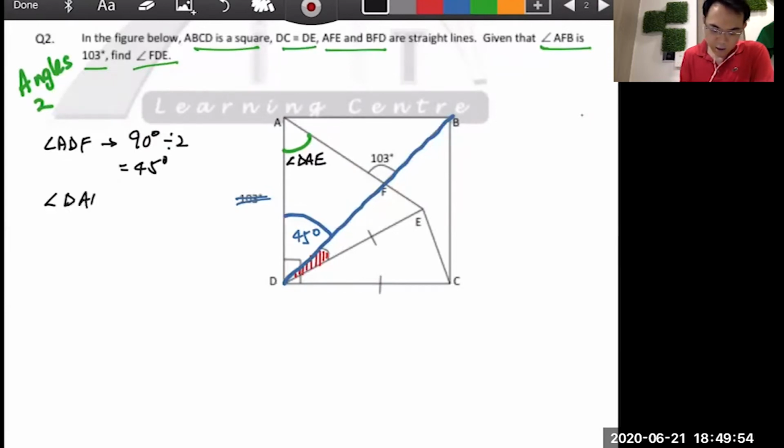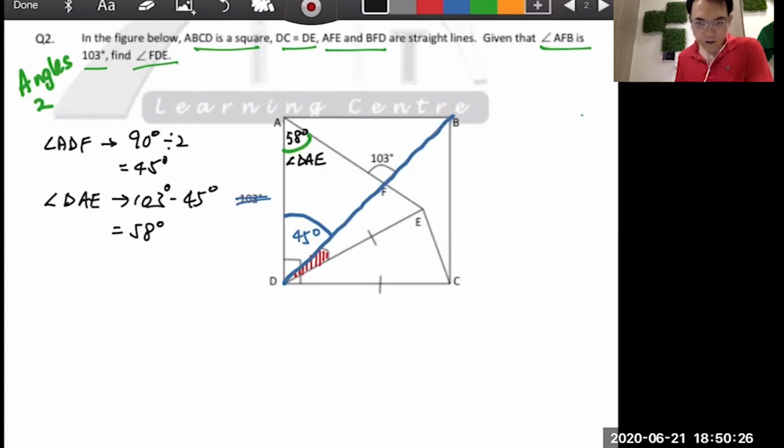And angle DAE is found by taking, sorry, my mistake, 103, which is the exterior angle, the one outside the triangle, minus 45, which is the angle inside the triangle, and 103 minus 45 will give me 58 degrees. So 58 degrees is here.